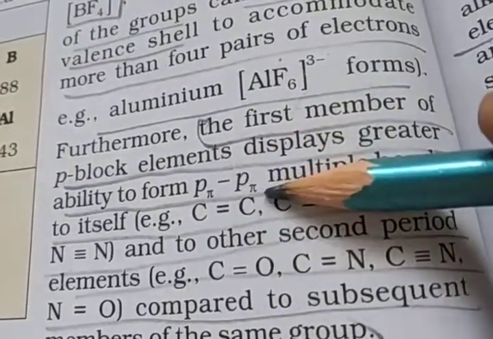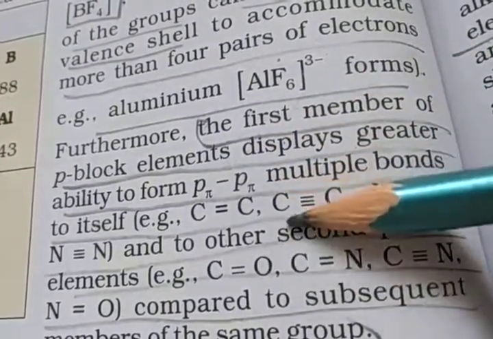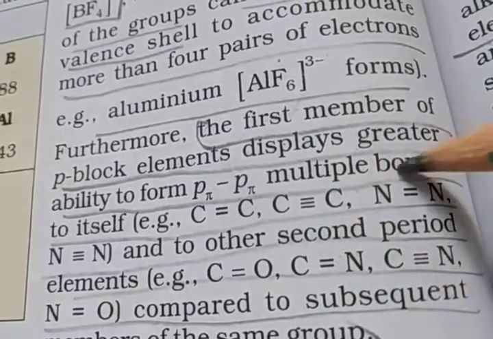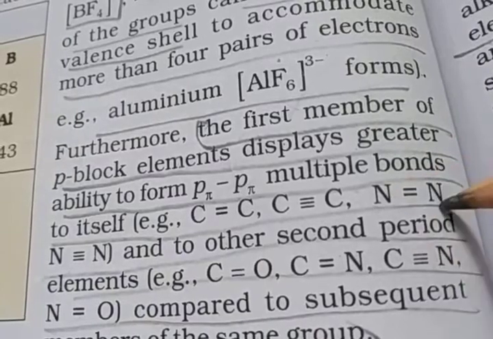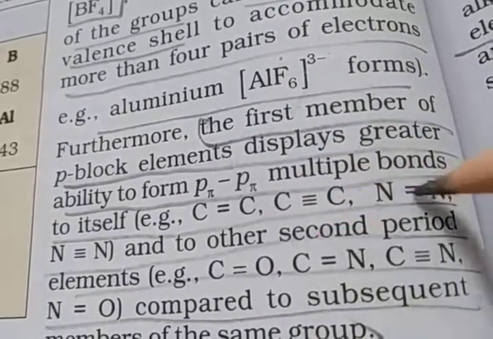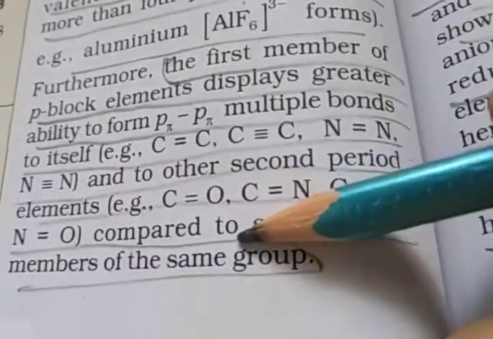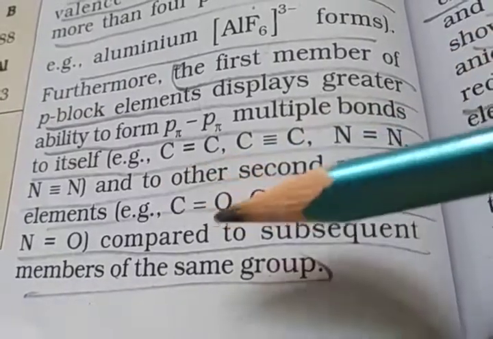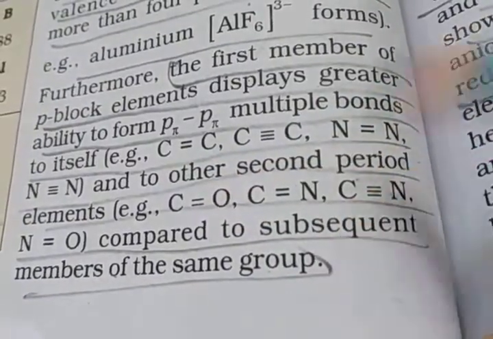So C double bond C, double bond between carbon atoms, C triple bond C, triple bond between carbon atoms, and N double bond N, double bond between nitrogen atoms, and the same for nitrogen. And two other second period elements, C double bond O, C double bond N, C triple bond N, and N double bond O, compared to the members of the same group.